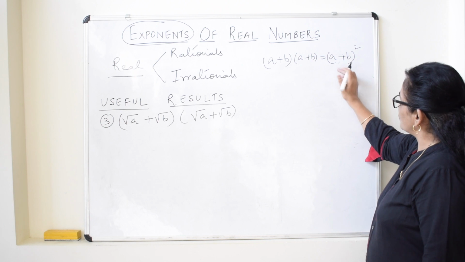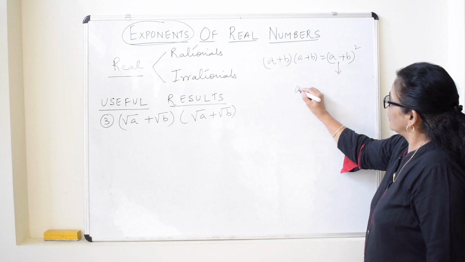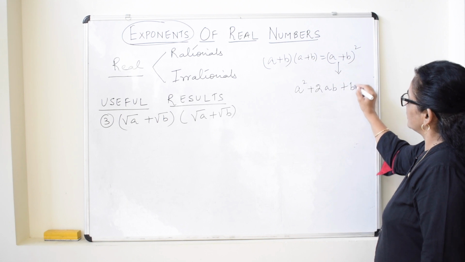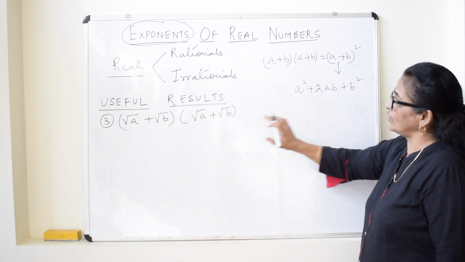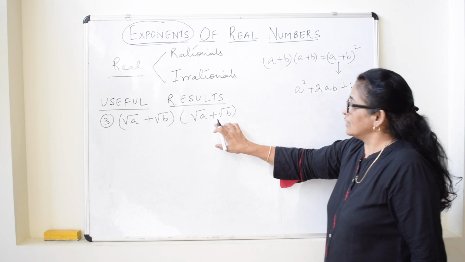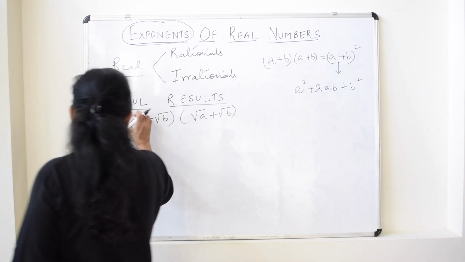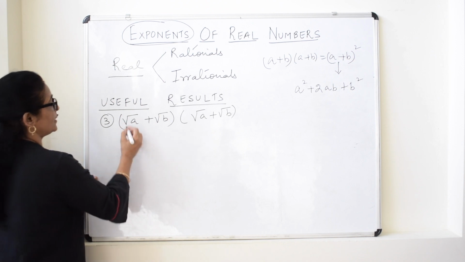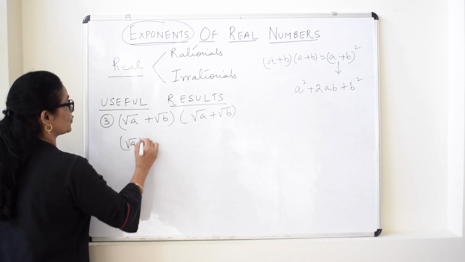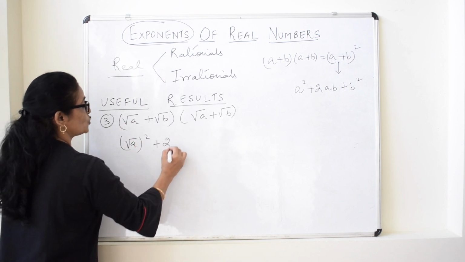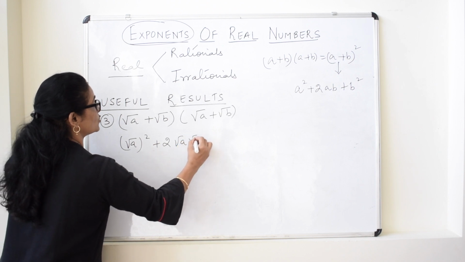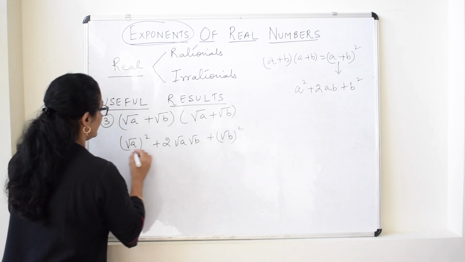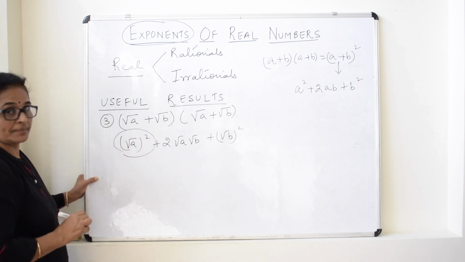And what is the expansion of a plus b the whole square? a square plus twice ab plus b square. The same rule will apply over here. So here the first term is root a and the second term is root b. If we write its expansion, it will be first term square plus twice of first into second term plus second term square. Now how to solve this?